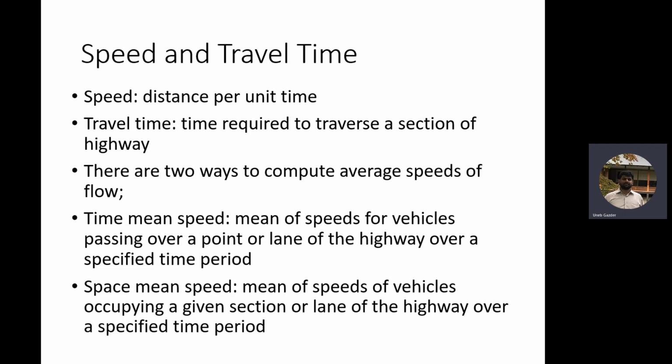In the second one, we are interested in the speed of the vehicles over a section. Now this becomes easier. The section has a length, so you can see how much time the vehicle takes to pass the section, and then you do distance upon time, like you said. The second one you can do easily even with a stopwatch. For the first one, you need some sort of radar or sensor.